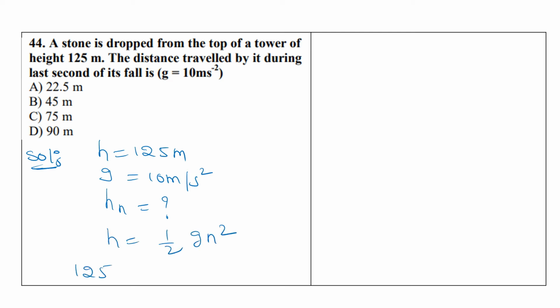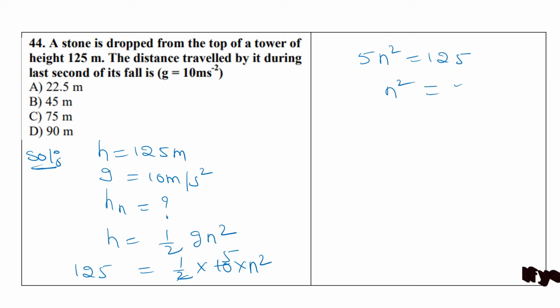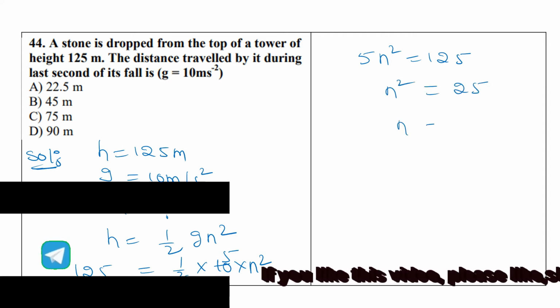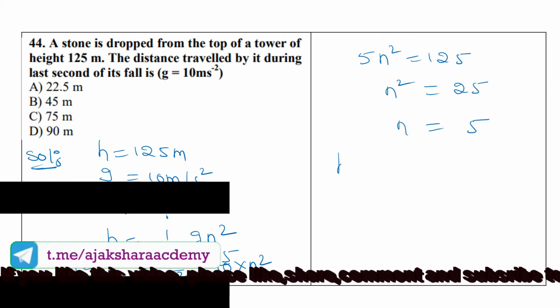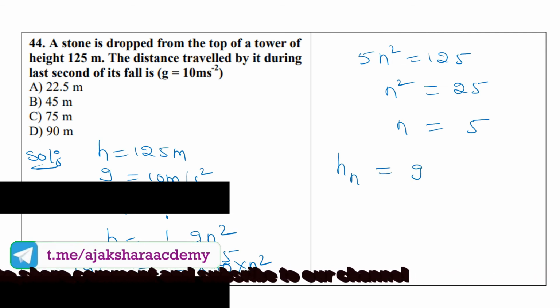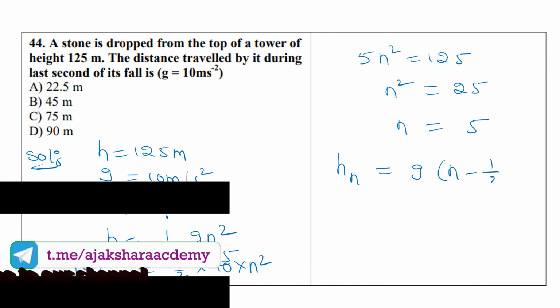Substituting h, 125 is equals to half g, nothing but 10 into n square, 2 ones 2 fives, so 5 n square is equals to 125. So n square is equals to 25, n is equals to 5, so h n is equals to g of n minus 1 by 2.